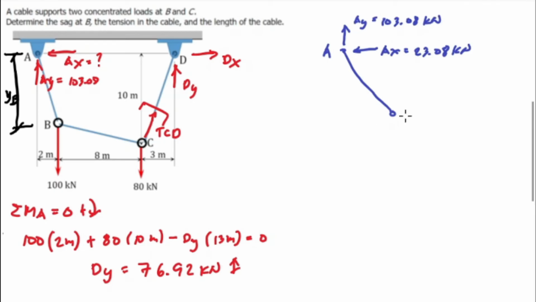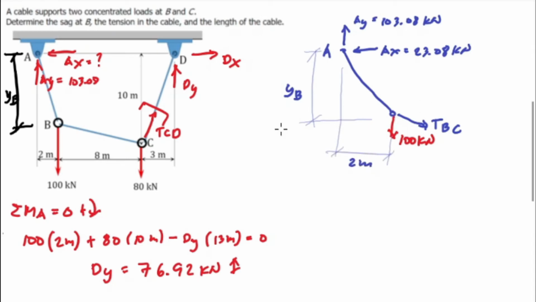Next, at point B, 100 kilonewton. And for BC, we have tension, and this is T sub BC. Y sub B up to this point is equal to 2 meters. Summation of moments at point B.